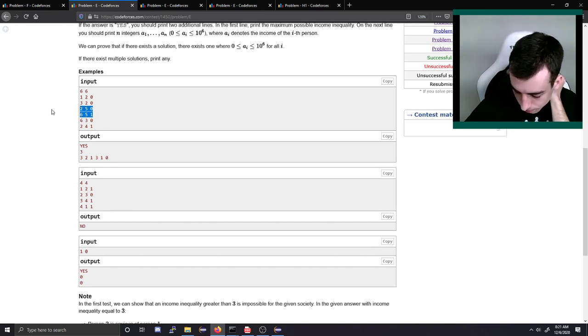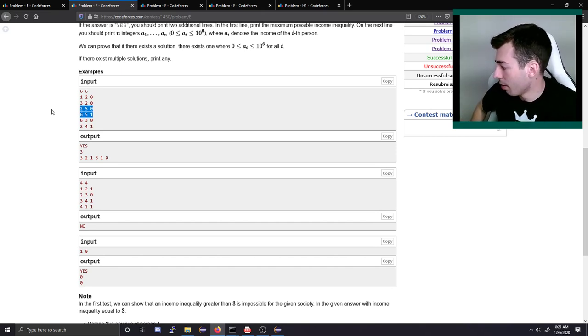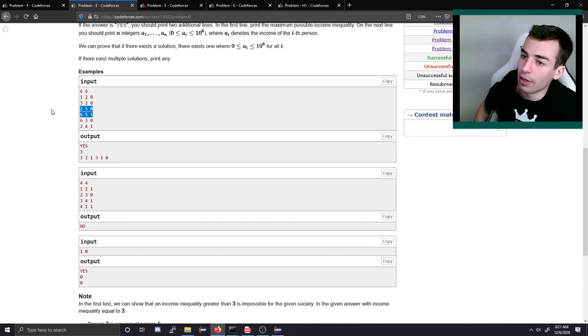So it's 2 colorable. We can do that. Does the fact that it's 2 colorable mean anything? Yeah, it does. It means it's not immediately impossible. Because if it's not 2 colorable, then it's impossible. Yeah.